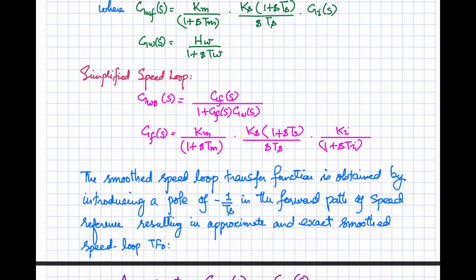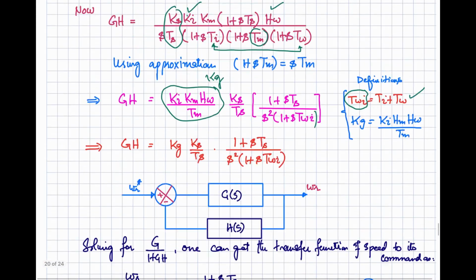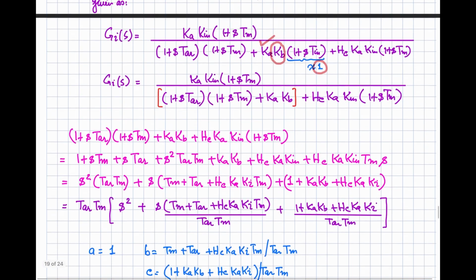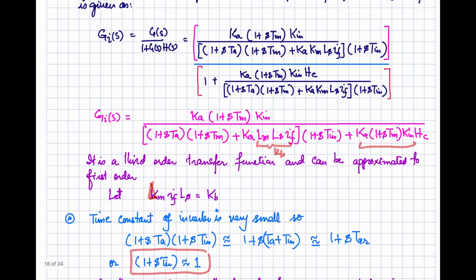by considering the exact loop and the approximated loop, right? So basically, if I go back and explain to you, the current loop was of the third order, right? A third order transfer function that you can see over here. A third order transfer function was there, but we have approximated it with a first order transfer function by making certain assumptions: that the inverter is very fast, so we can approximate 1 plus sTn with 1, and the mechanical time constant is quite large.